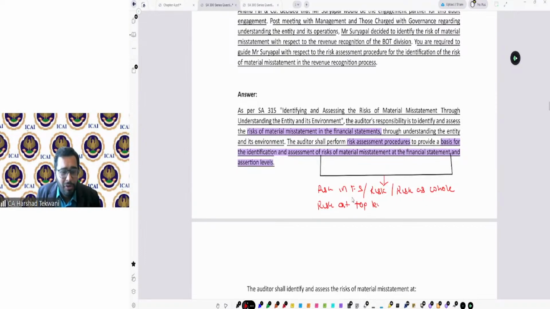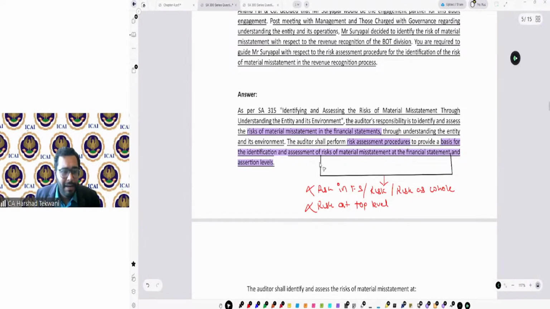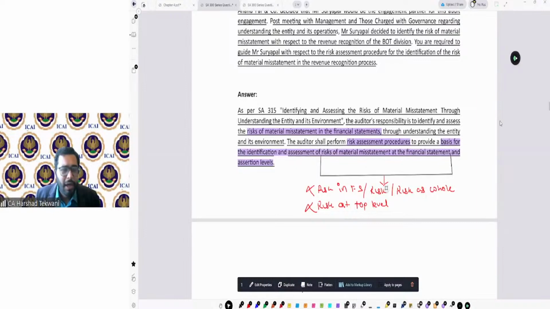I have seen this also. All these are incorrect. Risk in FS, risk as a whole, risk at the top. All these are incorrect. You should write risk of material misstatement as it is. Risk of material misstatement in financial statement. Okay. Or at the financial statement level.